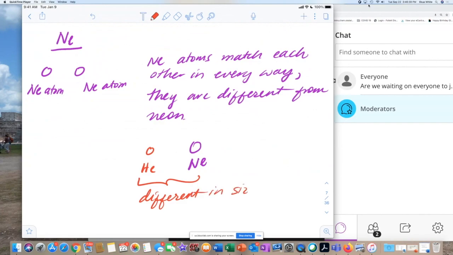So this is what he's trying to say. Based on the experiments he did, these are his results, and he's trying to communicate that the atoms are different because they make up different elements that ultimately have different properties.